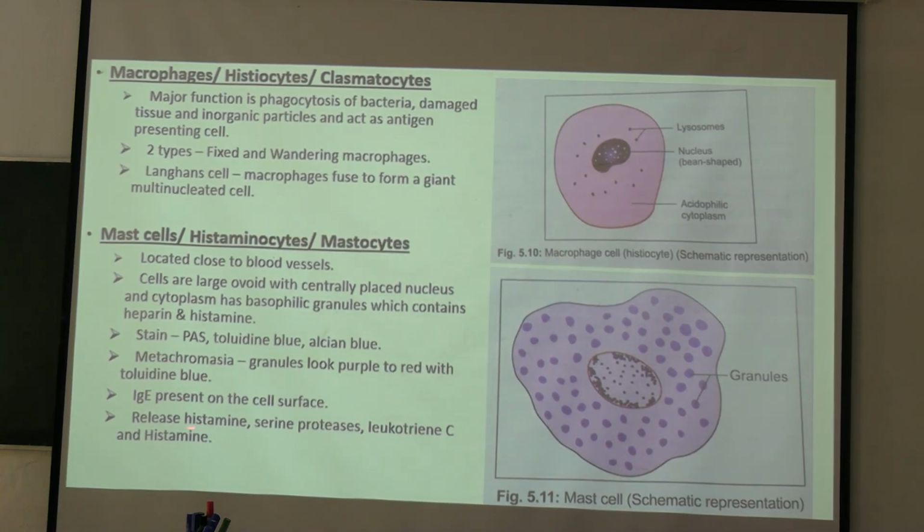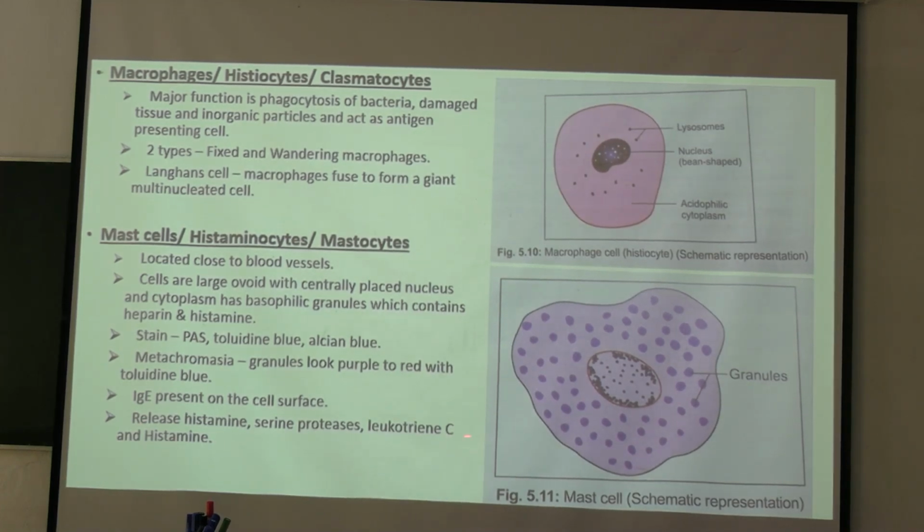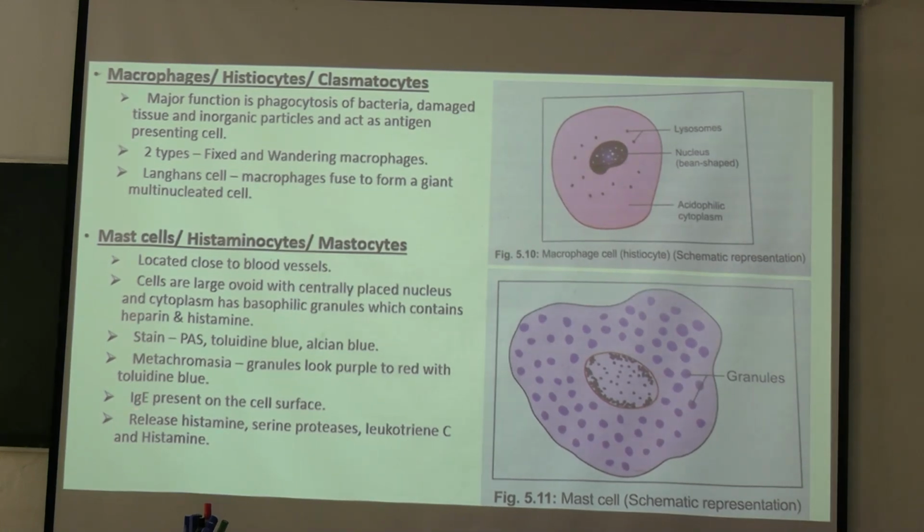And IgE, immunoglobulin E, which is important for your immunity, is present on the cell surface of these mast cells. They release histamine, serine proteases, leukotriene C, and heparin also. So these are released by these mast cells.